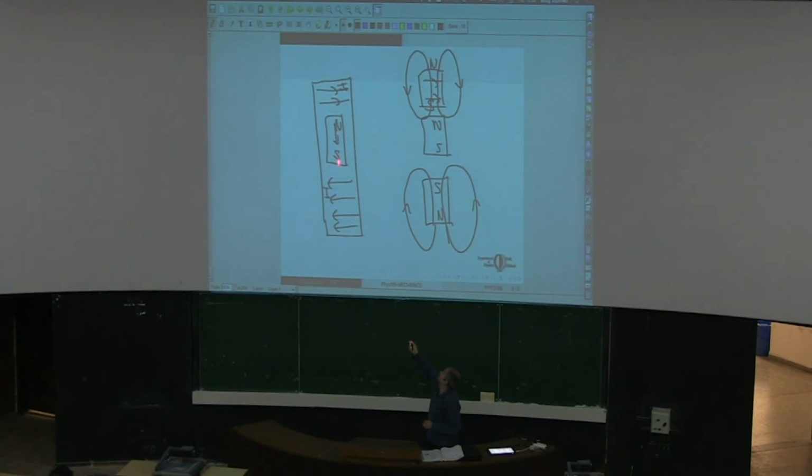Well, nothing is discontinuous, so the current will be largest here, and it will get smaller as you go away from the magnet. As you go from this point to this point, the current will get smaller and smaller. At some point it will be zero, then change its direction and start growing.